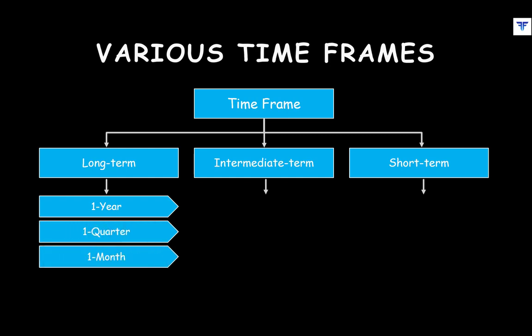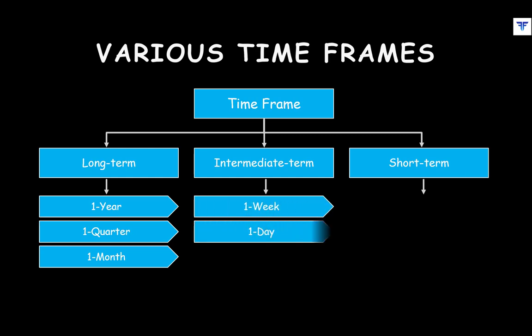These time frames are used to understand and analyze the longer-term price trends of securities. Meanwhile, the intermediate-term time frame includes the weekly and the daily time frame charts. These time frames are used to understand and analyze the intermediate-term price trends of securities.